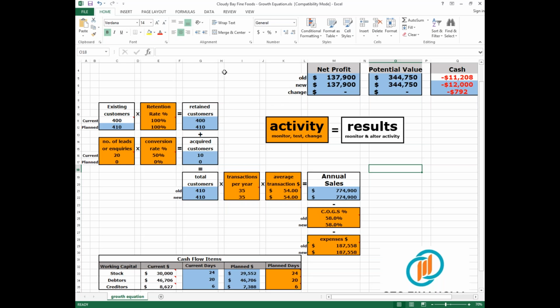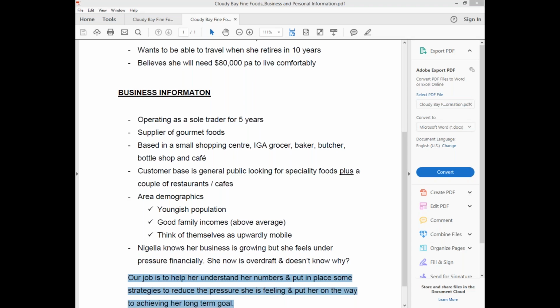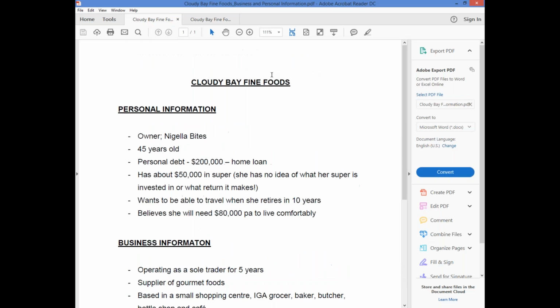We can see with Nigella, sorry, I've just missed a step here. I'll tell you a bit more about Nigella. She runs a business called Cloudy Bay Fine Foods, and as you can see, we've got some personal information on her. As I said before, it's important that the accountant knows what their client wants to achieve.